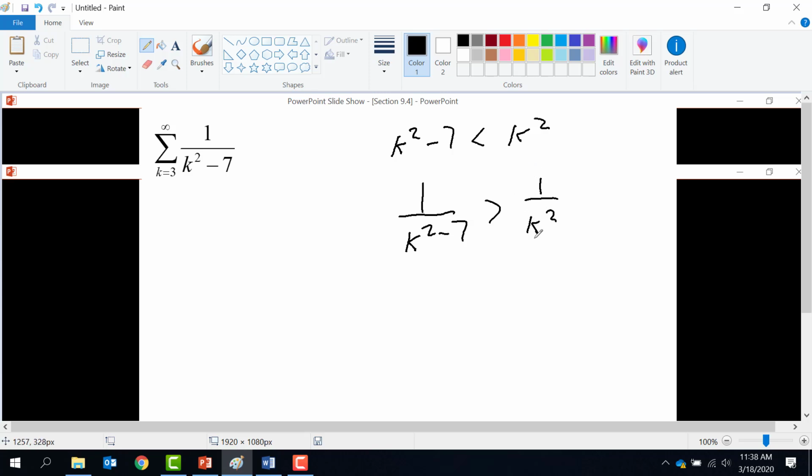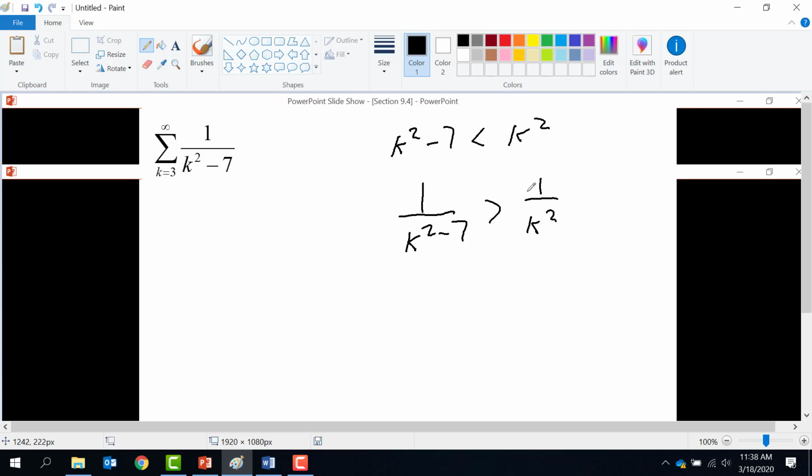But 1 over k squared converges, but the theorem doesn't tell me anything about a series whose terms are bigger than a convergent series. So the test is inconclusive because your terms are bigger than a series that converges.